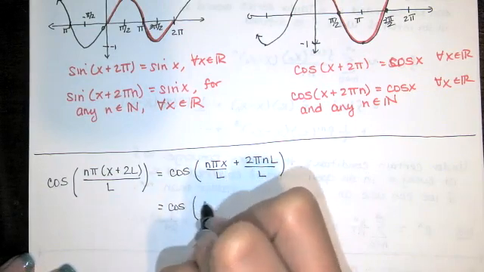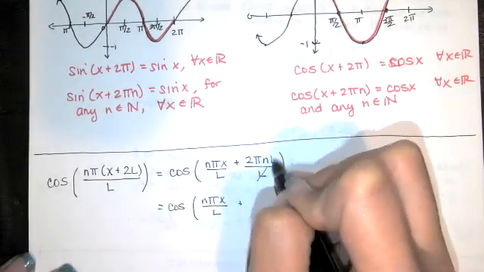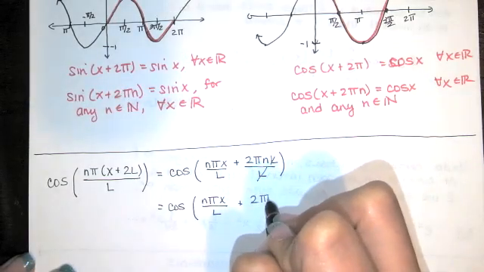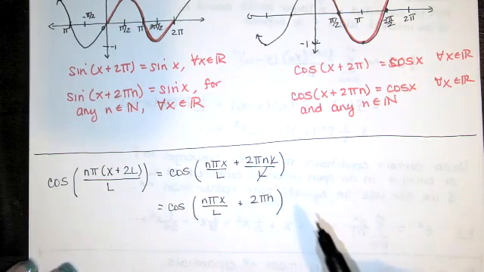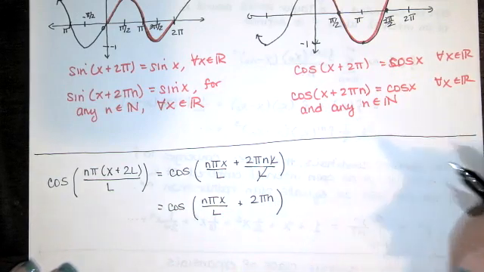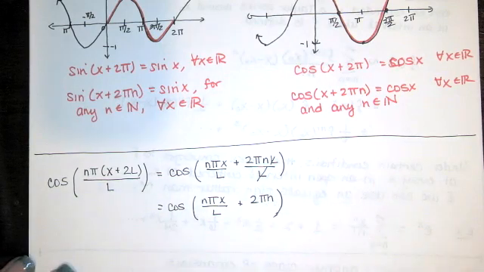And we see cosine of n pi x over L. And the L's reduce over here, plus 2 pi n. Well, that's just adding a multiple of 2 pi. Again, we're thinking of n as a natural number. So it's not a fraction. It's 1, 2, 3, 4, or actually, we could let n be any integer. n could be -1, -2, -3, -4.